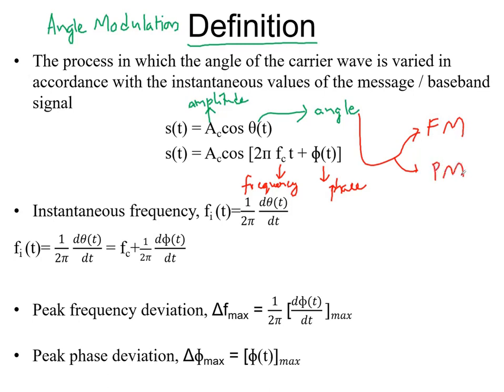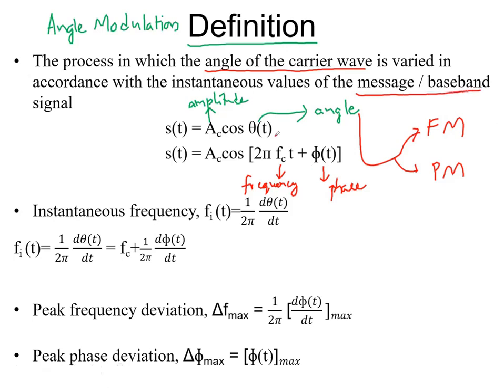And from your earlier module you might be knowing the definition of modulation. It is a process in which certain parameters of a carrier wave get varied with respect to the instantaneous values of the message or the baseband signal. Now here which property of the carrier wave is getting varied? Angle property is getting varied, with respect to your message or baseband signal.